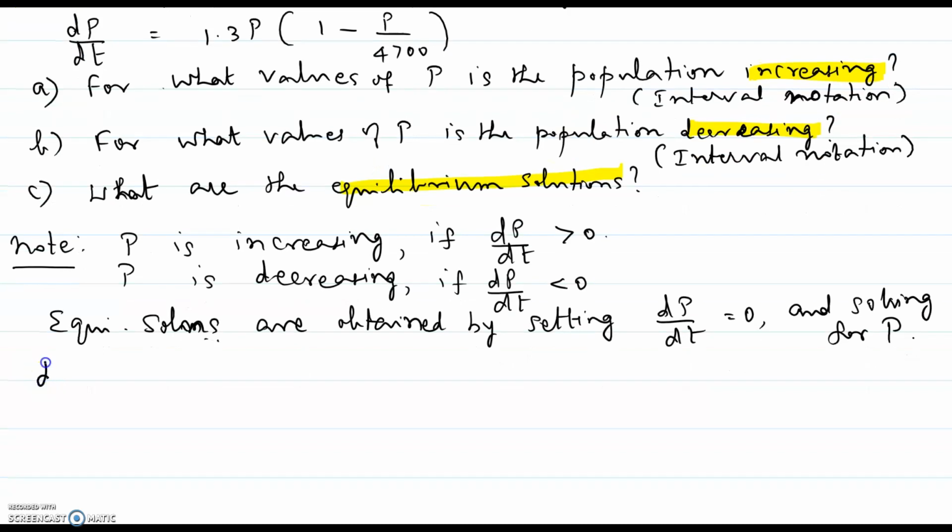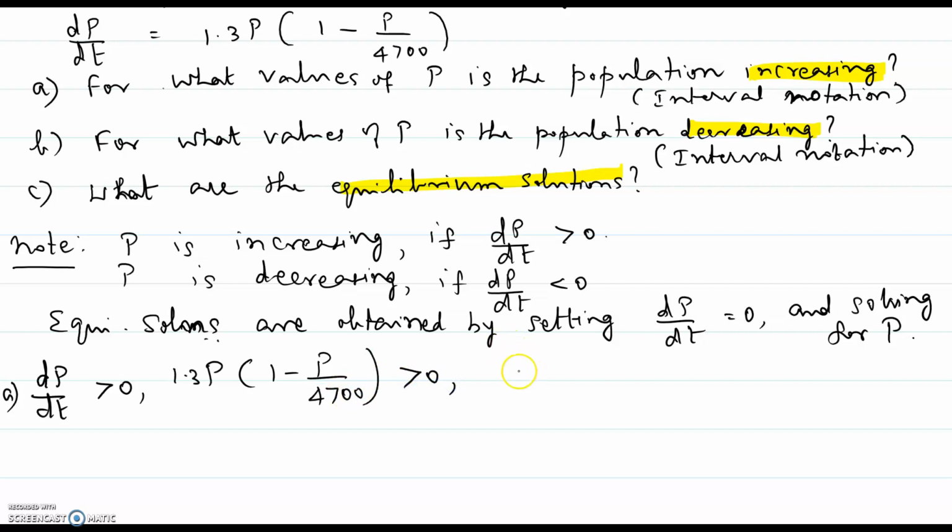So we have to figure out when dP/dt is more than 0. So 1.3 times P times (1 - P/4700) should be more than 0. That means P is always positive because, being a population, it has to be positive, and 1 - P/4700 must be positive as well.